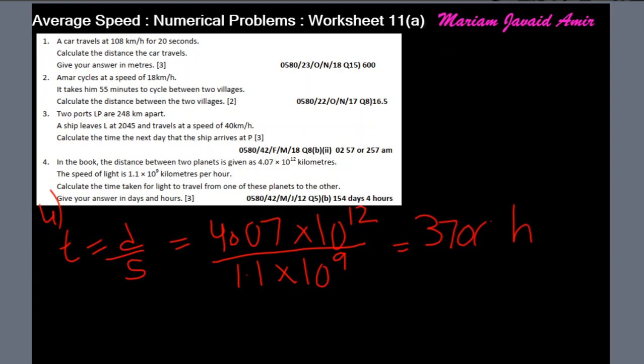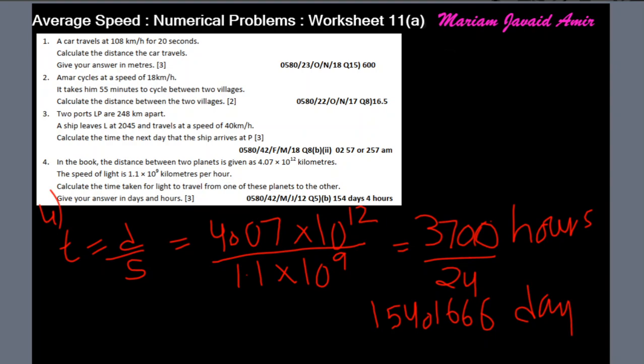3700 hours. Now the question says to divide this into days and hours. To change hours into days, we divide by 24. So we divide the answer by 24 and we get 154.1666 days. So we have 154 complete days and then some fraction of a day.